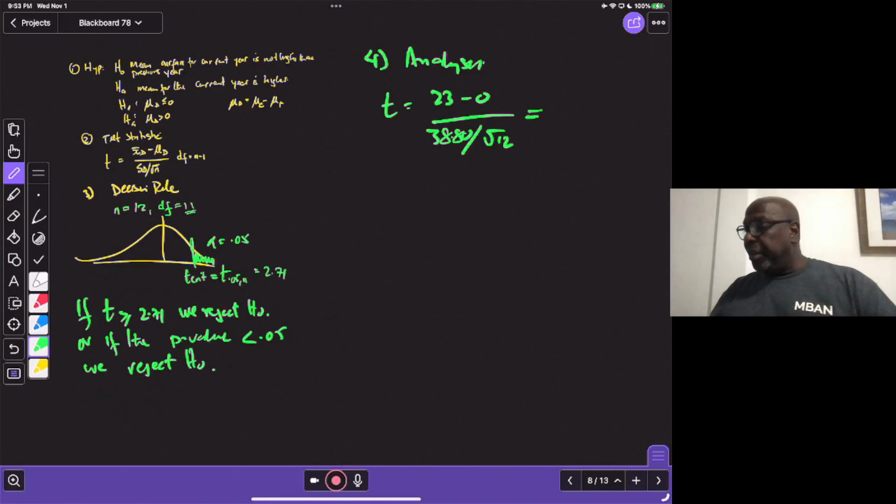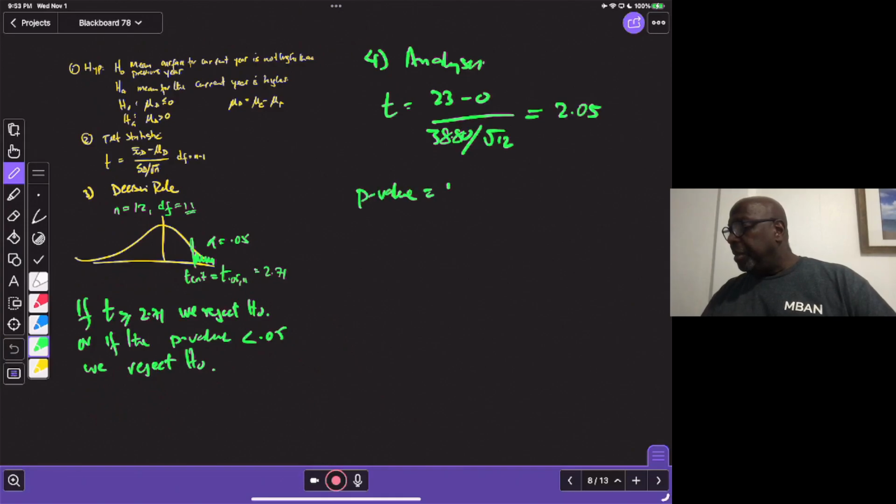So our test statistic is 2.05. Okay. Our p-value, because this is a one-tailed test, will simply be the probability of t greater than or equal to 2.05.